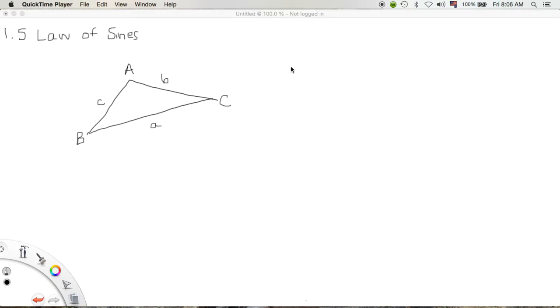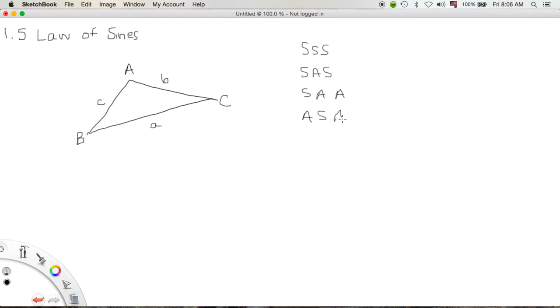Now, in geometry, we had some congruency terms that we used. And these are all the different congruency terms that we have.